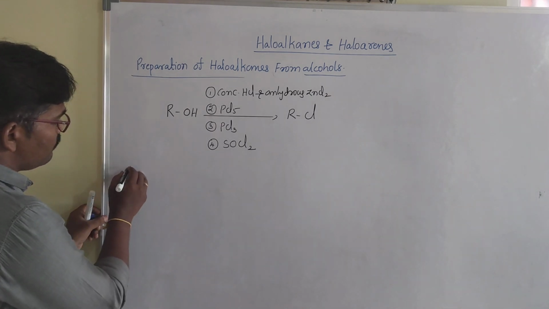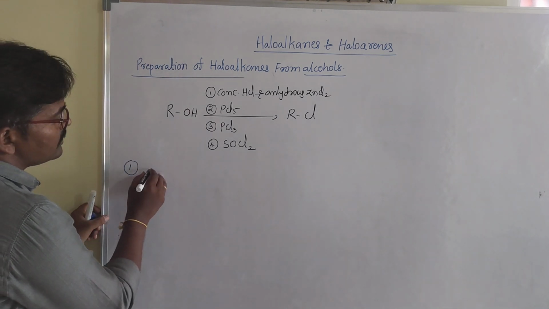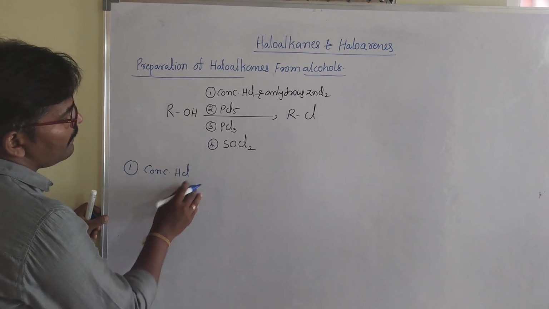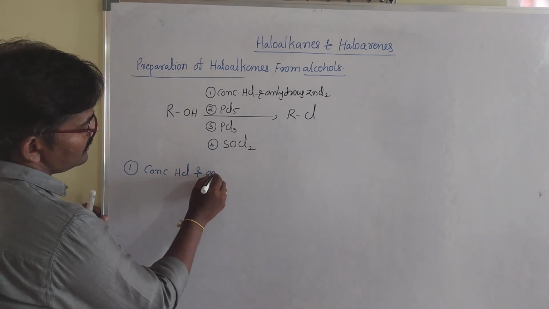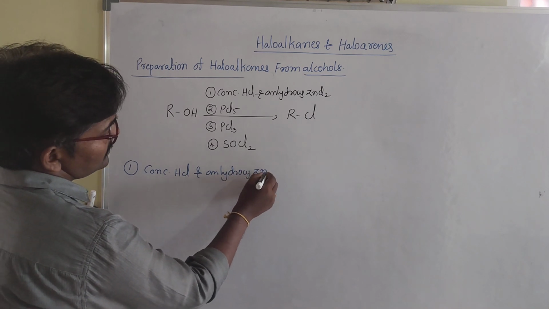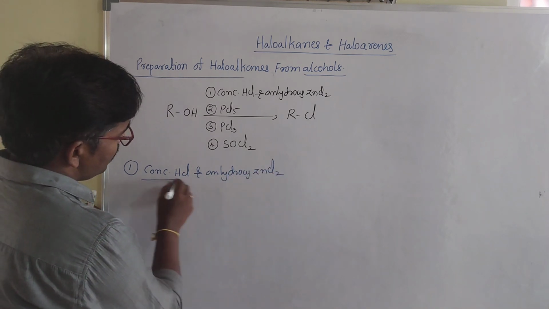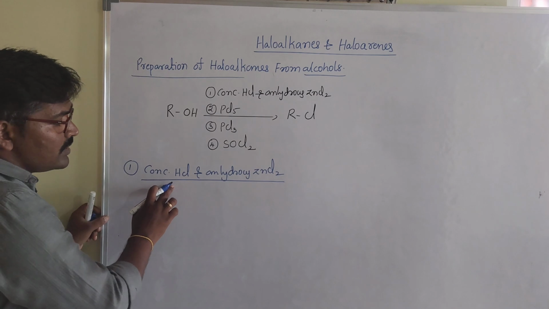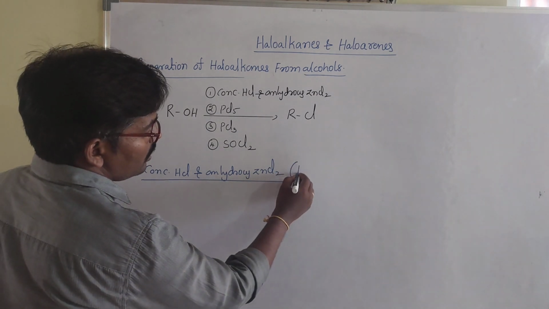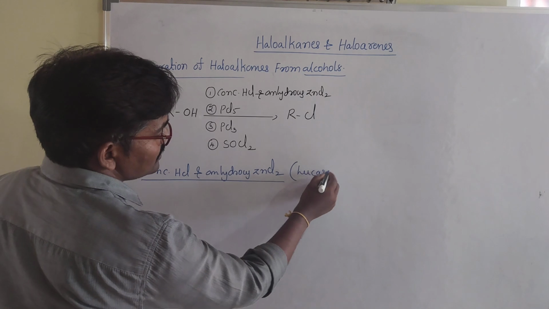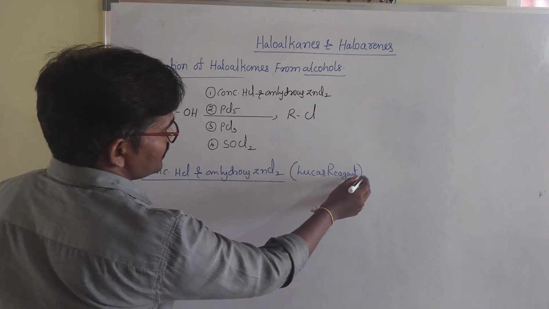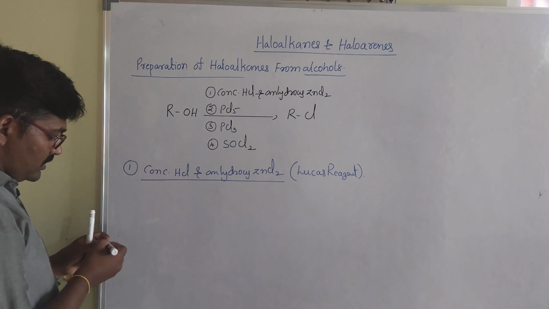So the first reagent is number one, concentrated HCl and anhydrous ZnCl2. Remember, the mixture of concentrated HCl and anhydrous ZnCl2 is also called Lucas reagent.